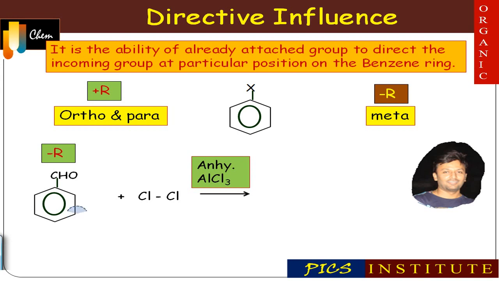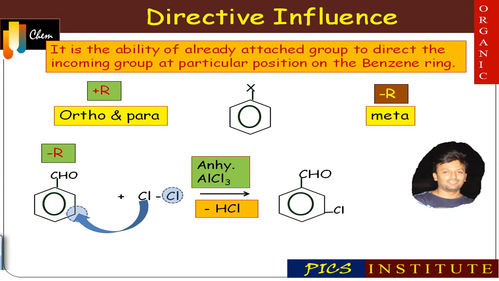The reaction can be represented as hydrogen from the meta position and chlorine from the adding agent are removed as HCl, and the remaining chlorine occupies the meta position. So now we can easily understand the meaning of directive influence: the ability of an already attached group to direct the incoming group to a particular position on the benzene ring.